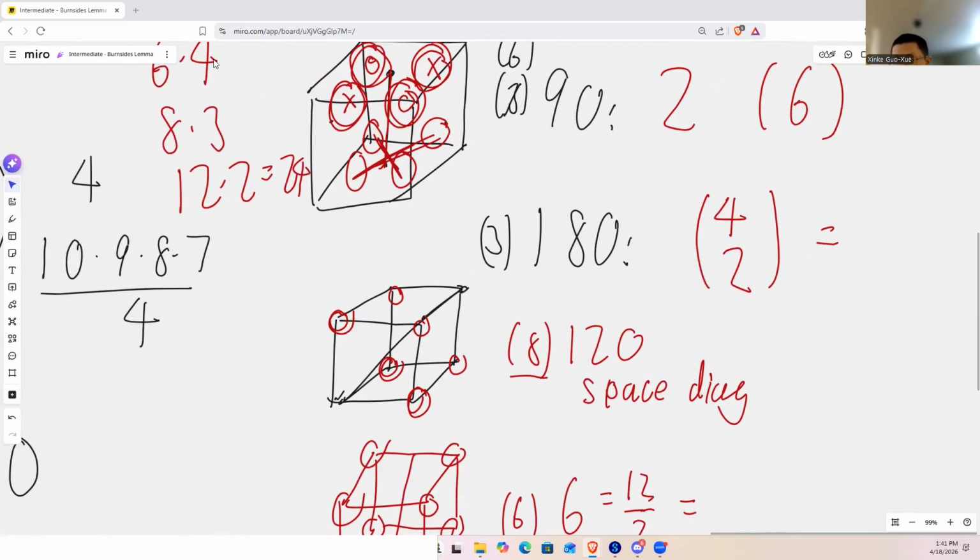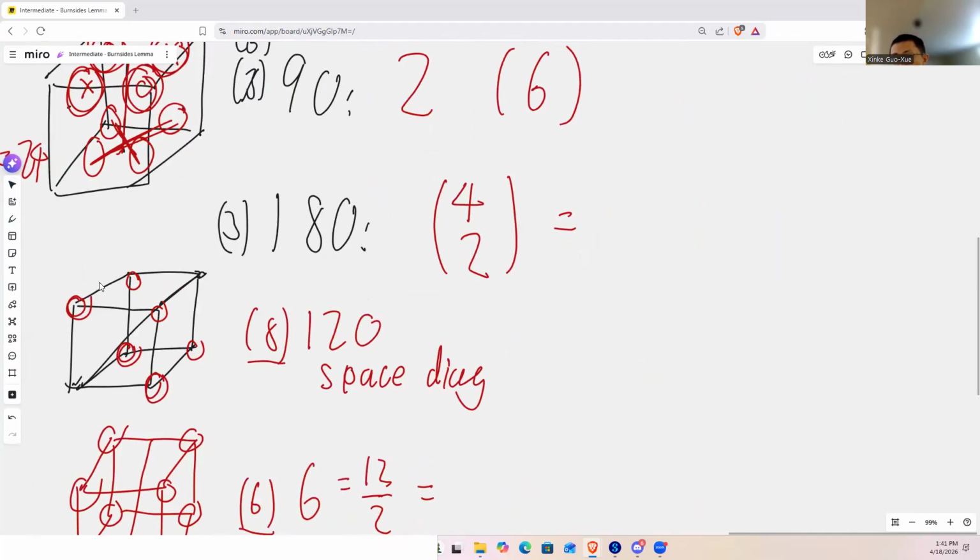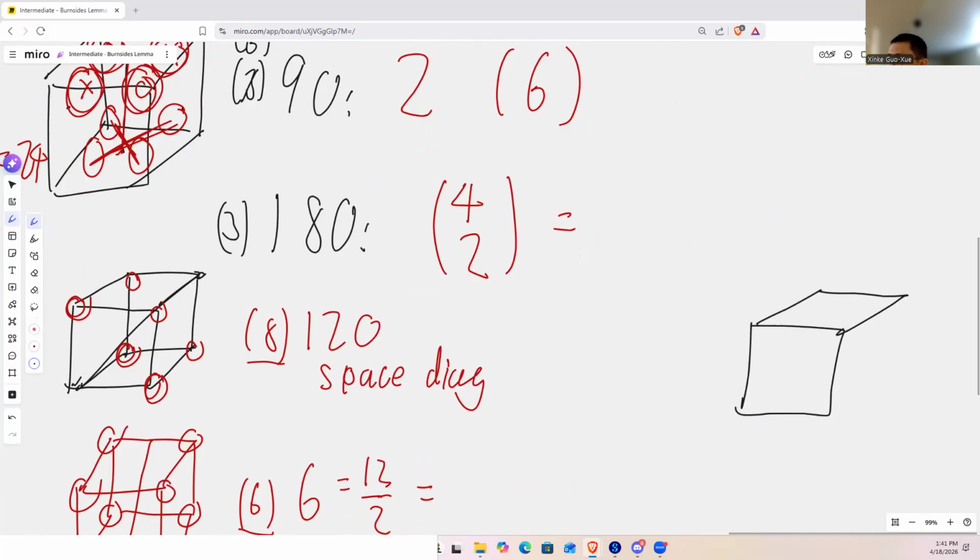What about space diagonal rotations? So let's say it's about this space diagonal. This can be anything. This can be anything. Well, not anything, but these 3 vertices, or these 3 cubes, form an orbit, so they are interchanged with each other.